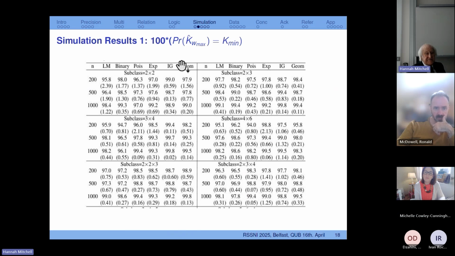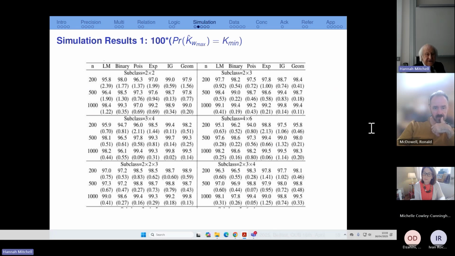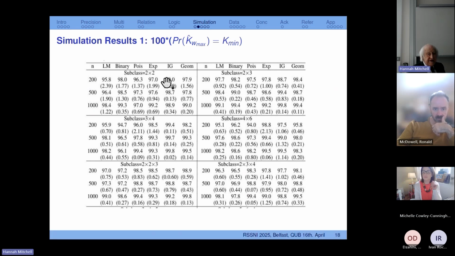Across the top, the GLMs studied: linear model, logistic, Poisson, exponential, inverse Gaussian, geometric. In this slide, they're all pretty low dimensional models, 2 by 2, 2 by 3, up to 2 by 3 by 4.